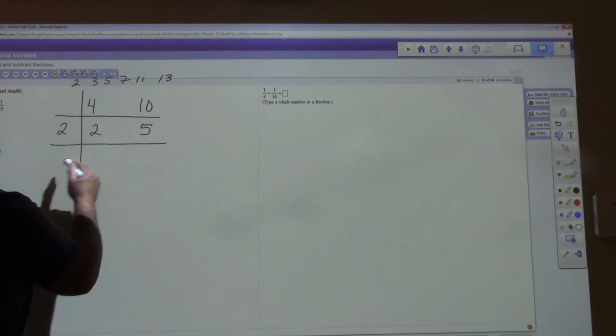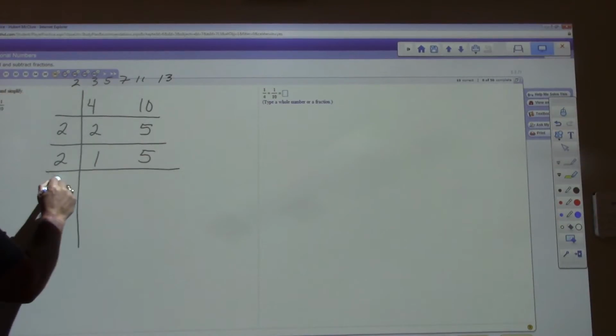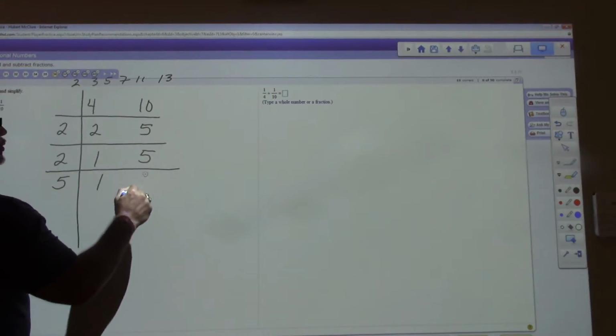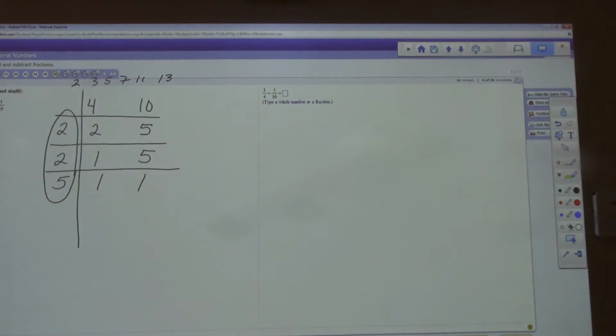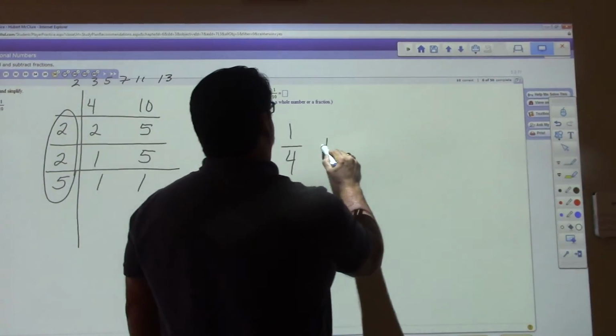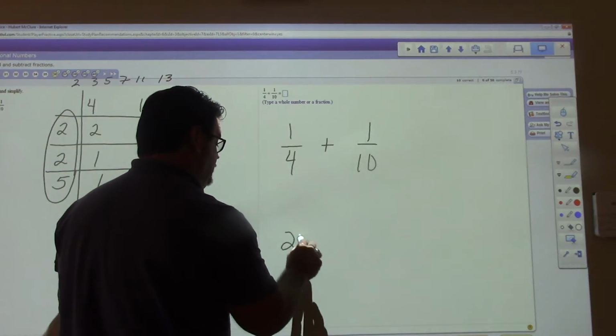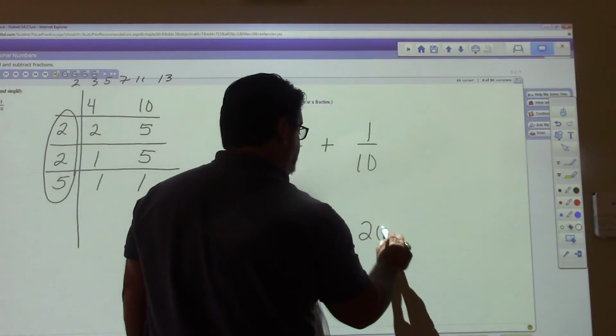So now I'm going to take my 2, get a 1, 5, and 5, a 1, and a 1. And what is my common denominator? What's 4 times 5? 20. So you go over here and you rewrite your problem. And you put a 20 down here. And you put a 20 down here.